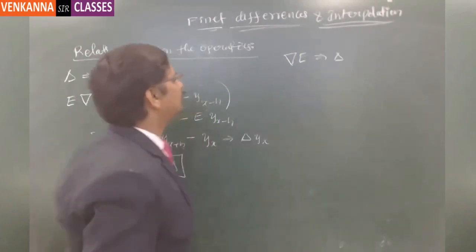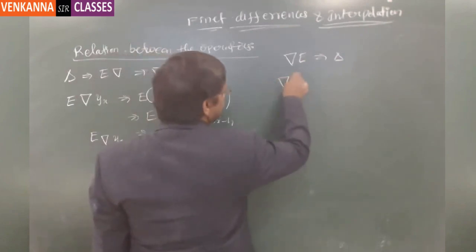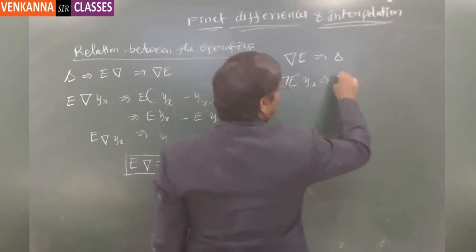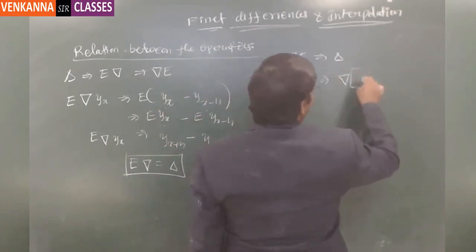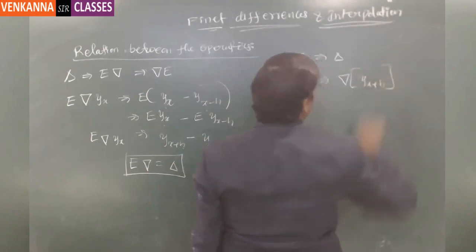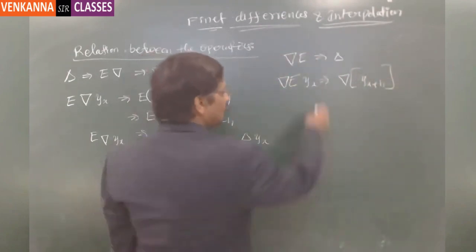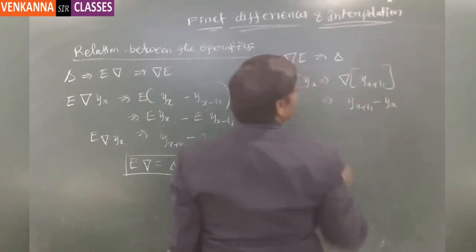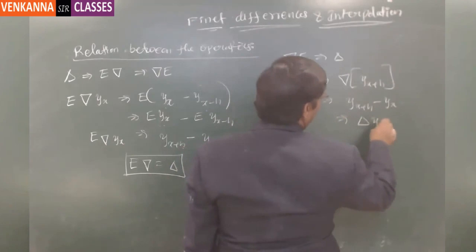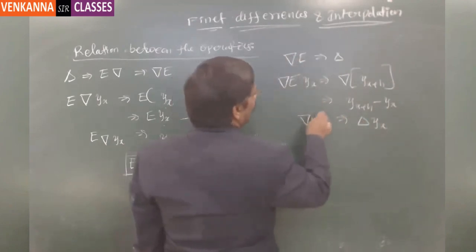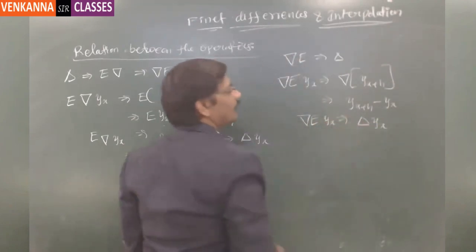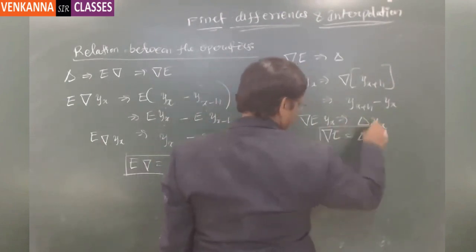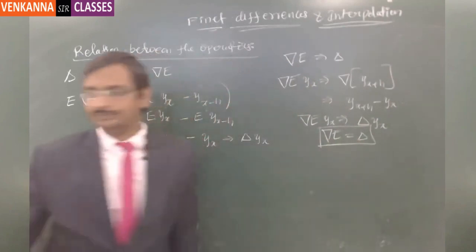So del E, if it is operated on y(x), E is operated first, then del is operated on y of (x plus h). So this is y of (x plus h) minus y(x), which is going to be delta of y(x). So del E operated on y(x) is equal to delta of y(x), or del E is equal to delta. This is another relation.